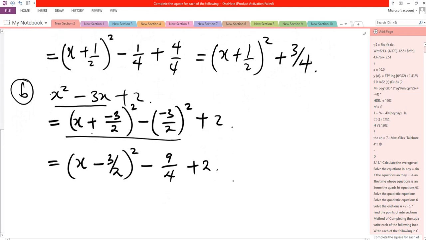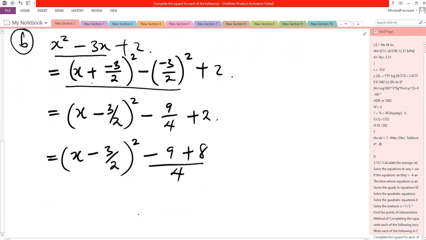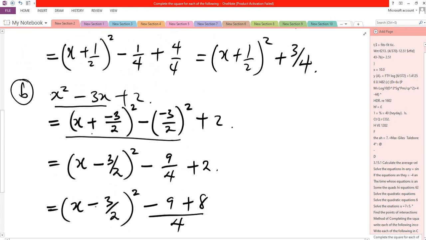This is the same thing as x minus 3 over 2 all squared, minus 9 plus 8 all over 4. So this will give us x minus 3 over 2 all squared, minus 1 over 4. That is what we will get here.